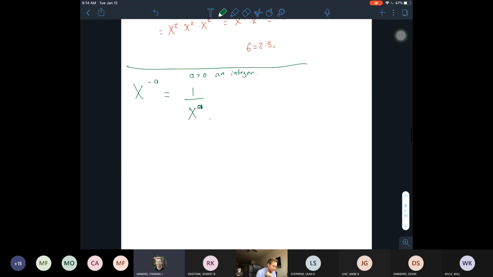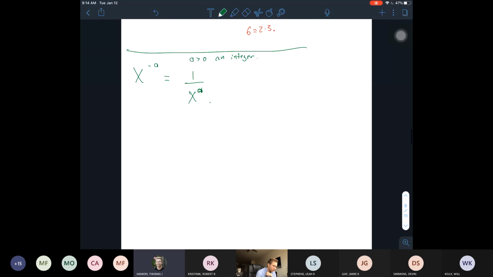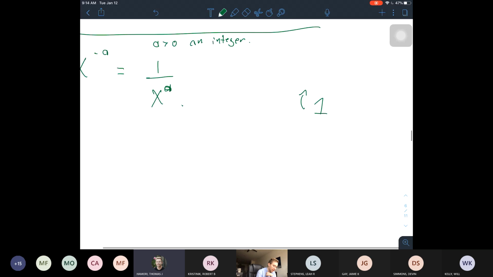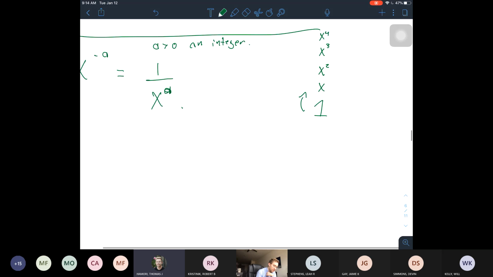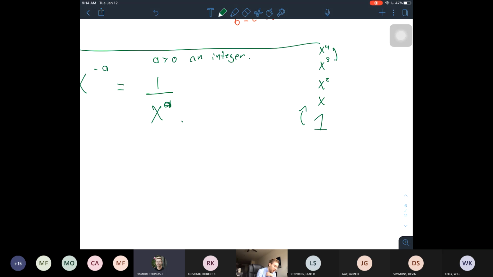If you want to see a reason why, we can look at the following. Consider 1 in the center, and each time we go up the ladder we multiply by x, so we get x, then x squared, then x cubed, then x to the 4th. If I go down the ladder, I'm dividing by x.